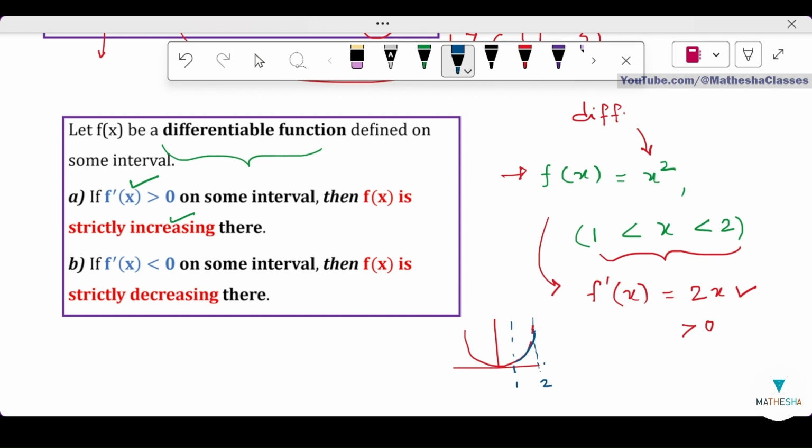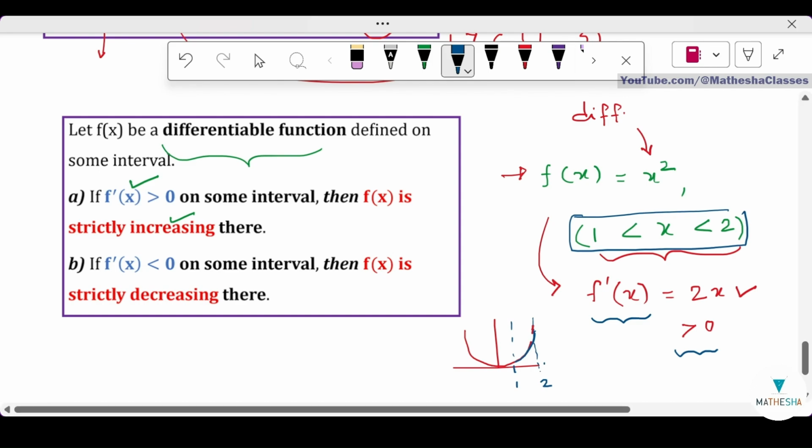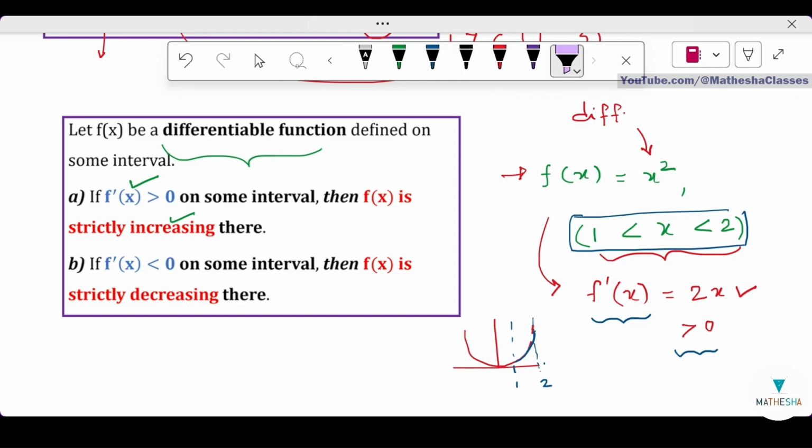It says if the derivative of the function is bigger than 0, then the function will be increasing in that part. Similarly, अगर आपके पास एक फंक्शन है जिसका डेरिवेटिव लेस देन 0 है कुछ इंटरवल में, देन उस पार्ट में फंक्शन स्ट्रिक्टली डिक्रीजिंग है.